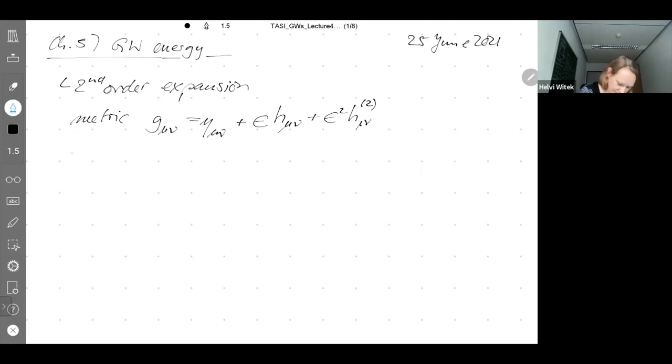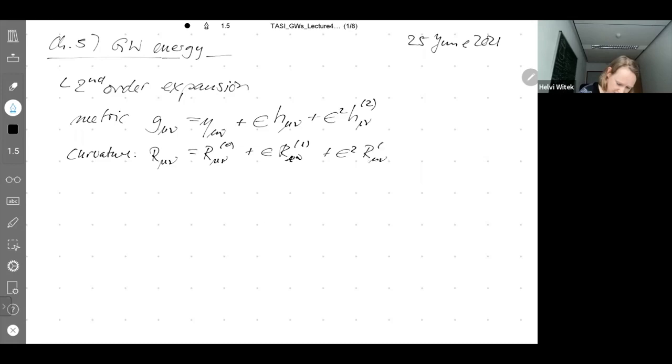So similarly, if we look at the curvature, and this is what we will need, we can expand the Ricci tensor, well, formally in something that looks like the zeroth order Ricci tensor plus first order, this is almost trivial, plus epsilon squared second order.